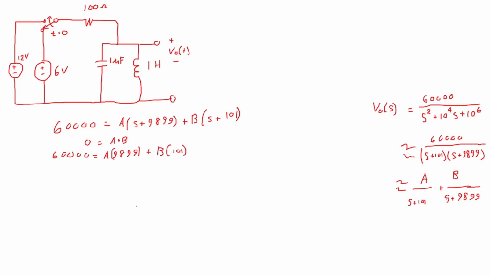Some other nice numbers are like s equals 0, and then this side would just become 0.06, and this side would be a over 101 plus b over 9899. You can pick any two s's, and you'll get a system of equations that's just as good as this one.